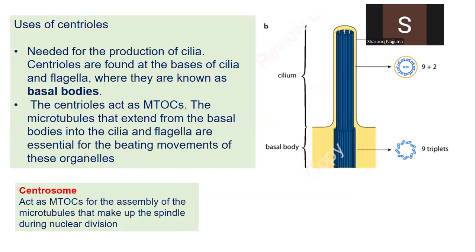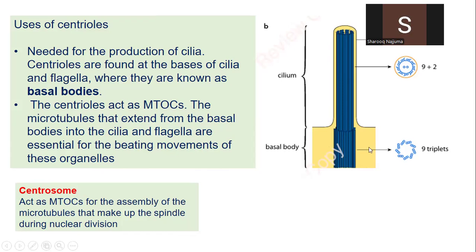What are the uses of these centrioles? These centrioles are used in production of cilia. They form basal bodies where cilia originate from, for organisms that have cilia on their bodies. Here they are showing us a picture of a cilium.